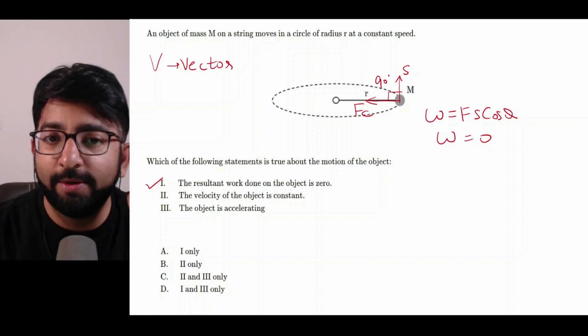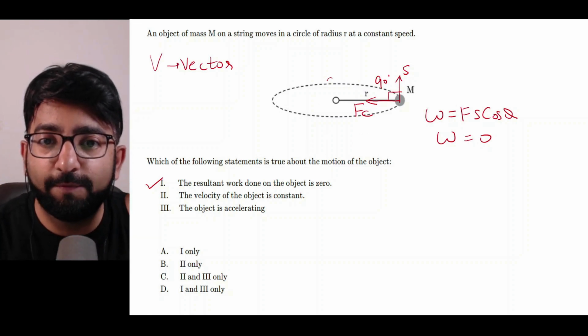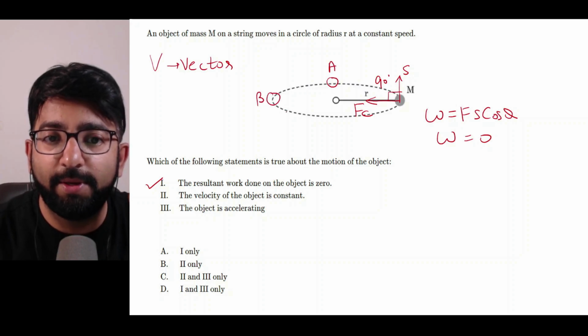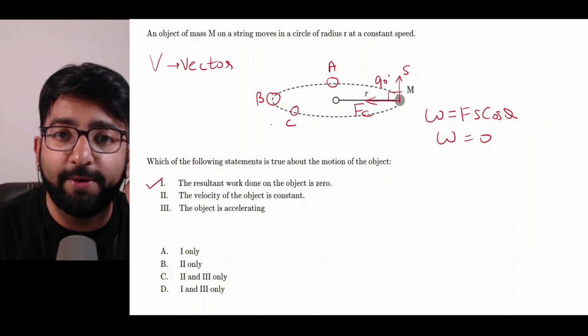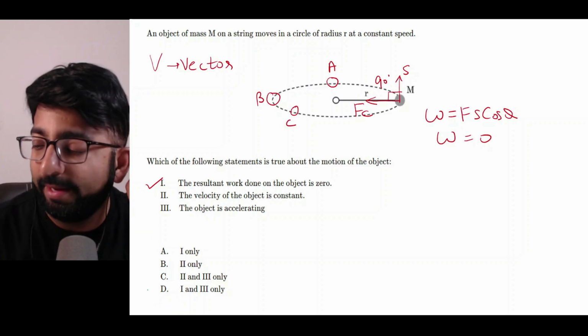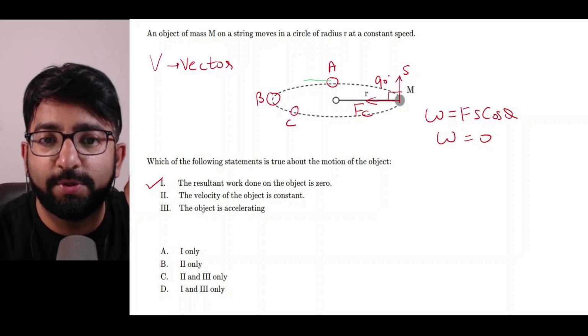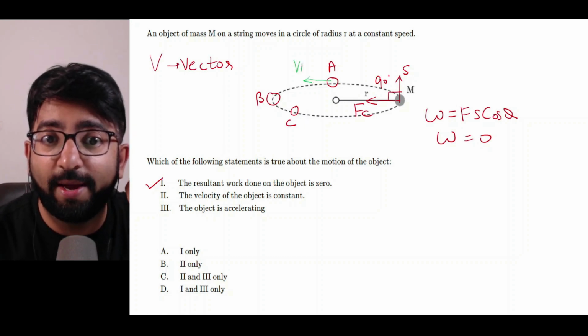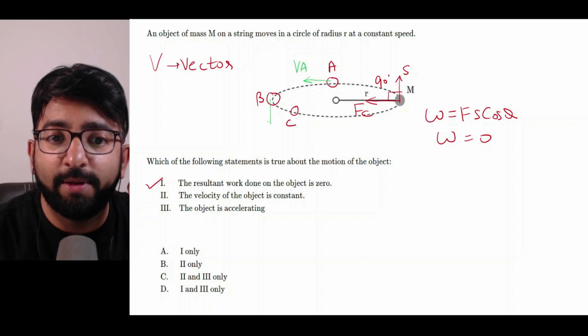So how do we show that? Let me draw different positions of the object. Let's say position A, then we have position B and position C. All we need to do is draw a tangent at various points. At point A, if I draw a tangent, this will be the direction of velocity at A. Then at B, the direction will be like this.